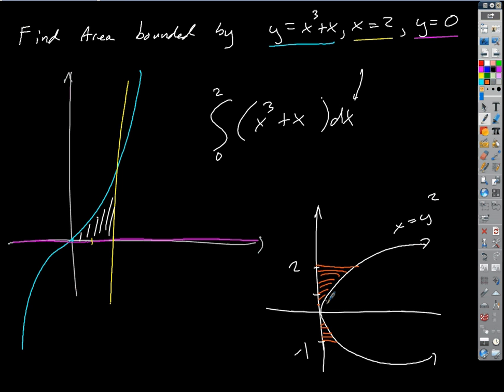Right? Okay. And by extension, what do you think that integral would look like if I wanted to add up that area? The integral of what? This time, instead of writing y equals f of x, I've written x equals f of y, right? What do you think?